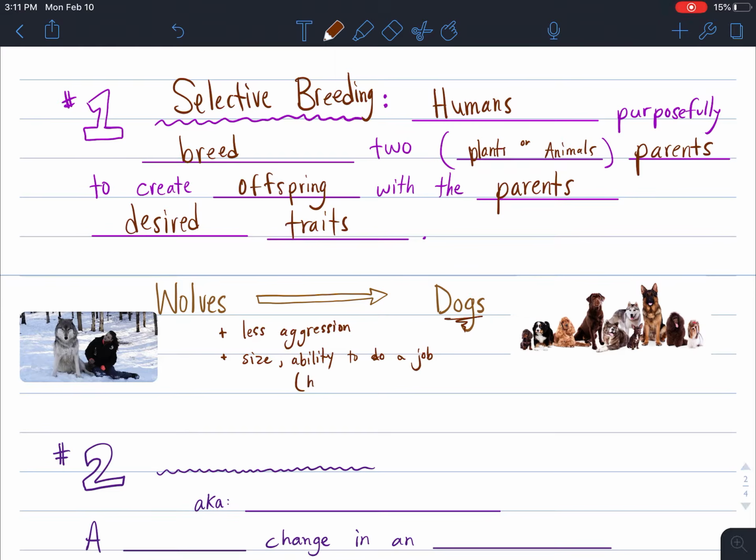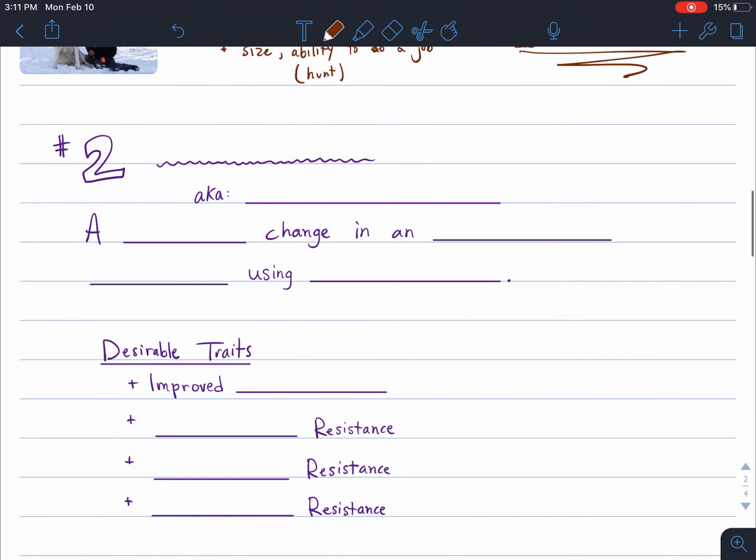Maybe even helping them hunt. So those wolves that were good at helping in those situations, those were reproduced over and over again. And that's how we got from wolves to dogs. So wolves are the ancestors of all dogs, even these ones that look nothing like wolves. They're all a result of humans selecting traits in wolves, and then we end up with all these different dogs. This is known as selective breeding.